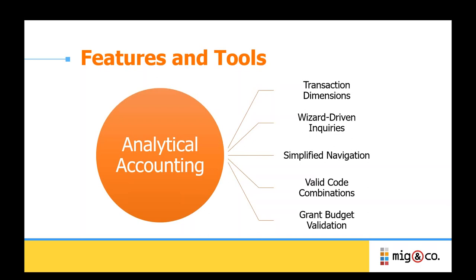And then we can also work with grant management to set up budgets and have validations against those as well. So all of those features of analytical accounting, if that sounds like something that you would like to investigate, obviously you can reach out to Carolina and she can get the ball rolling on that.